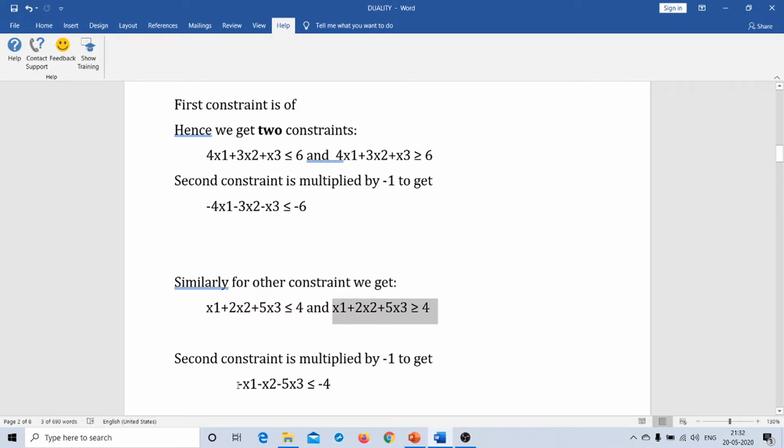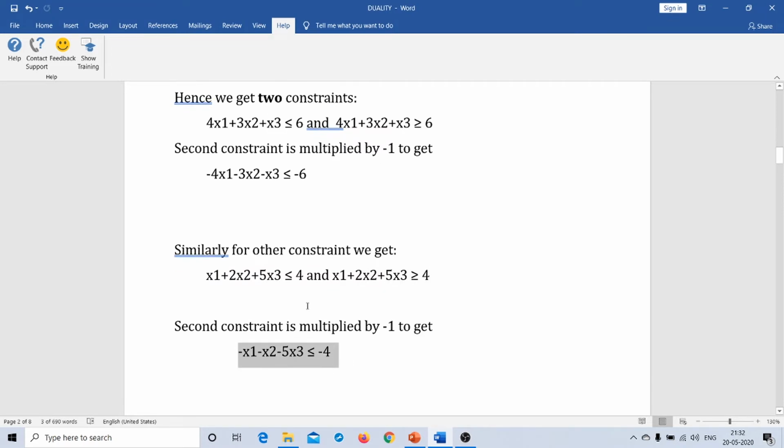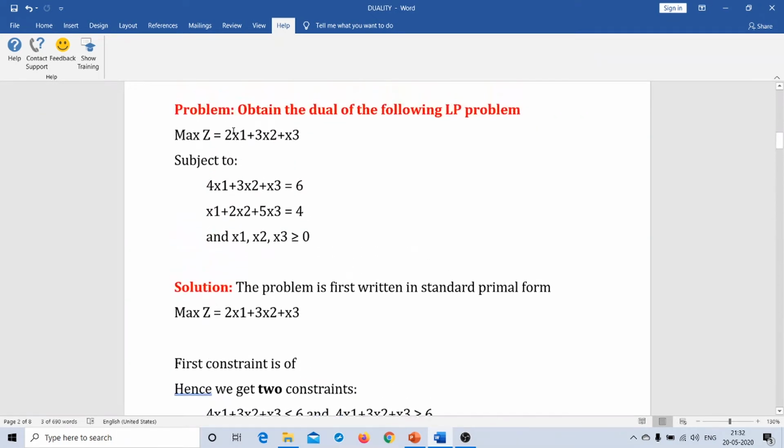So I have my original objective function, this constraint got divided into two sub constraints, and this constraint also got divided into two. As a matter of fact, what I have is my objective function followed by four constraints, right?